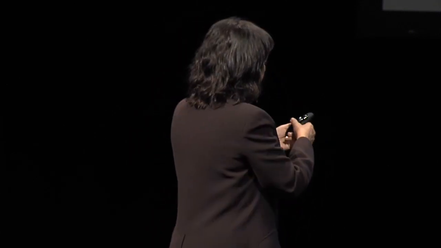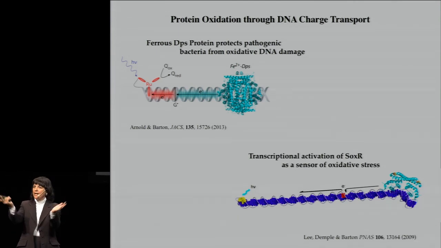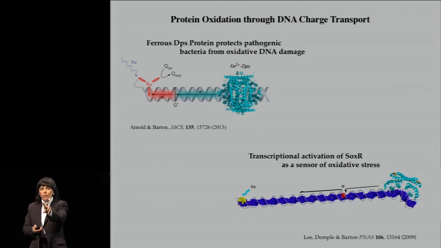Well, what the pathogen does is it generates a large concentration of these proteins, these DPS proteins, that have a little peptide around them, but in their inside, they have an iron core, and the iron core was thought to serve to take all that oxidative stress and take those holes, those oxidizing equivalents, and protect the DNA from damage.